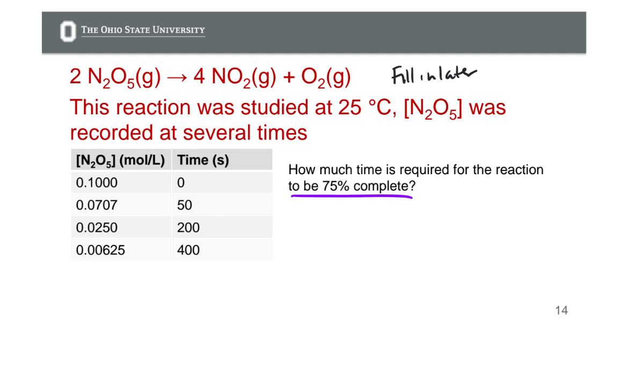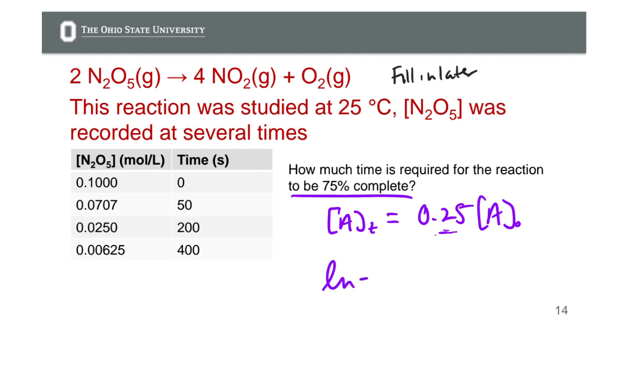That means that the concentration at some time t is only a quarter of what it was initially, 0.25 of what it was. So if it's 75% complete, 25% remains. So A at time t is going to be equal to 0.25 times A sub 0.